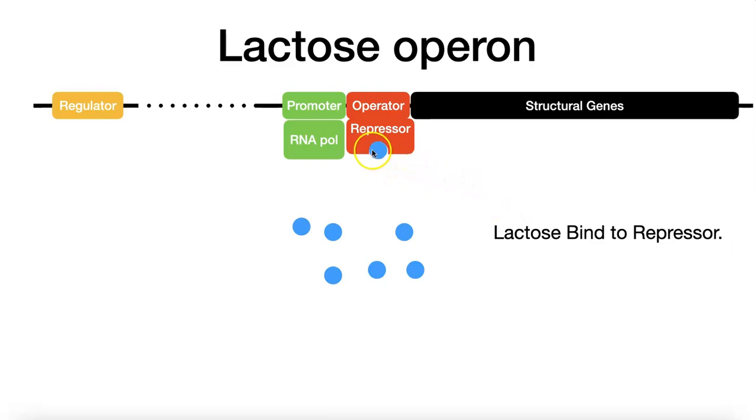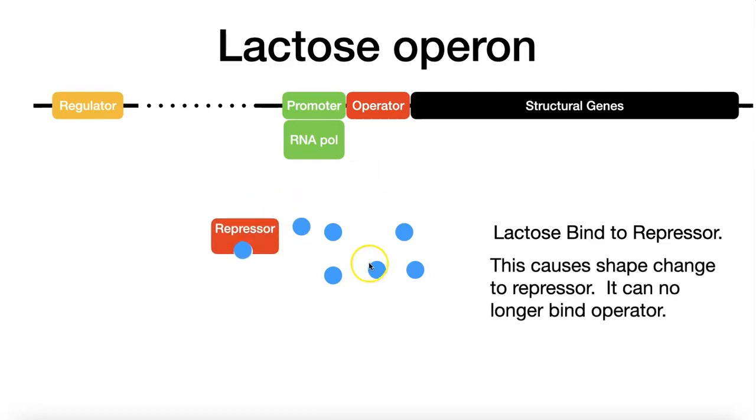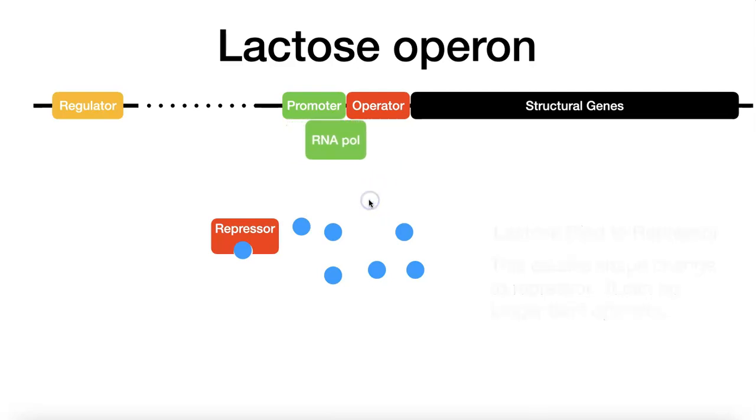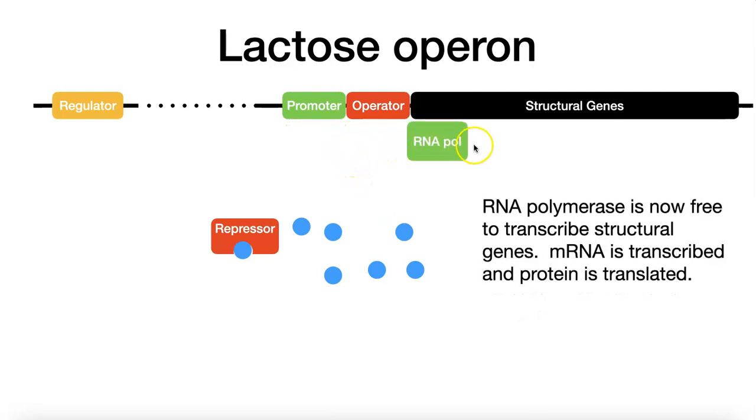Lactose is known as the inducer because when it binds to the repressor, it causes a change in shape of the repressor, so it can no longer interact with that operator sequence. Once this space becomes available, you can probably guess what happens. RNA polymerase is now ready to interact with the structural genes because it's no longer being blocked.